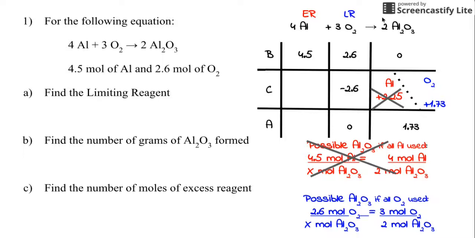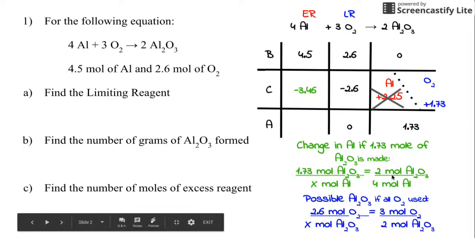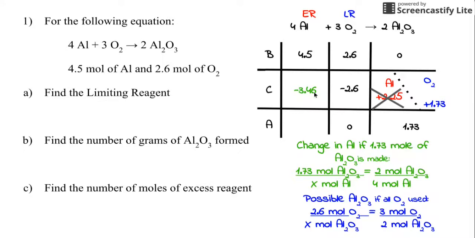This is a 2 to 4 ratio, so I'm doubling the 1.73. Here it is in proportion: change in aluminum, with 1.73 moles of aluminum oxide made. I am either multiplying before dividing by 2 or just doubling this to get 3.46.